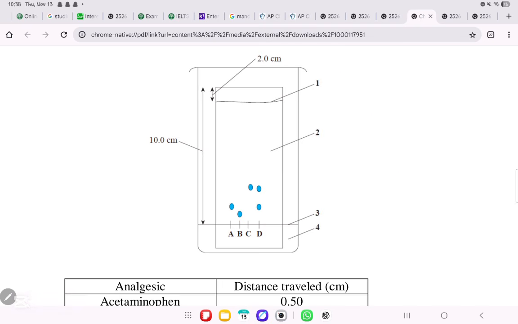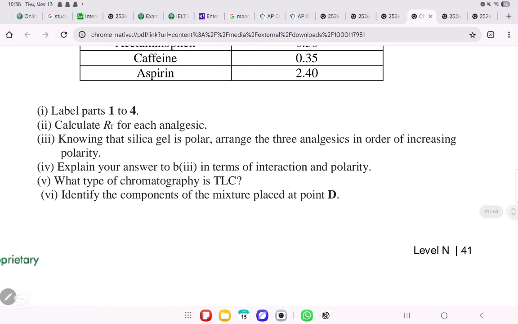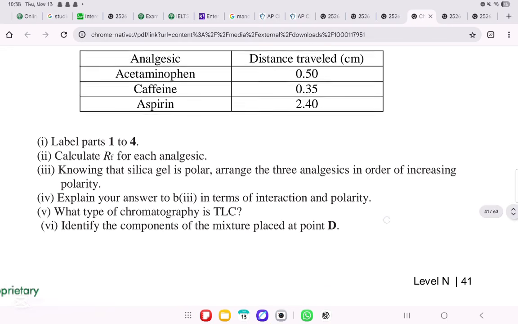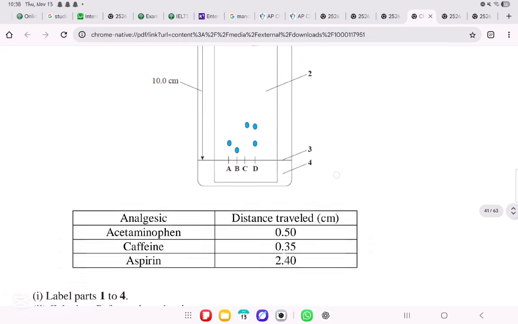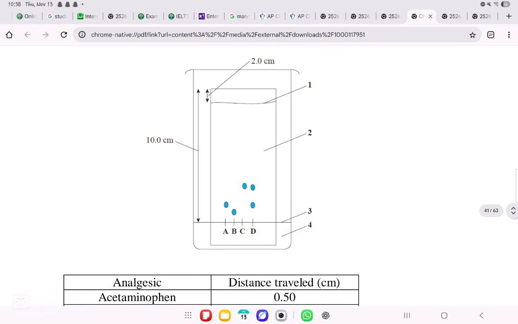We'll move on to part 2. What does it say? Okay, so part 2. Calculate the RF for each analgesic. So how do we calculate the RF? First of all, we need to see the distance traveled by the solvent, okay?